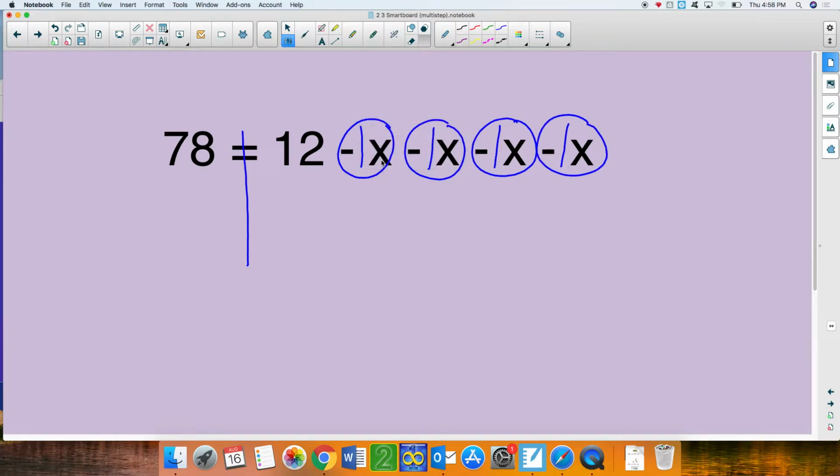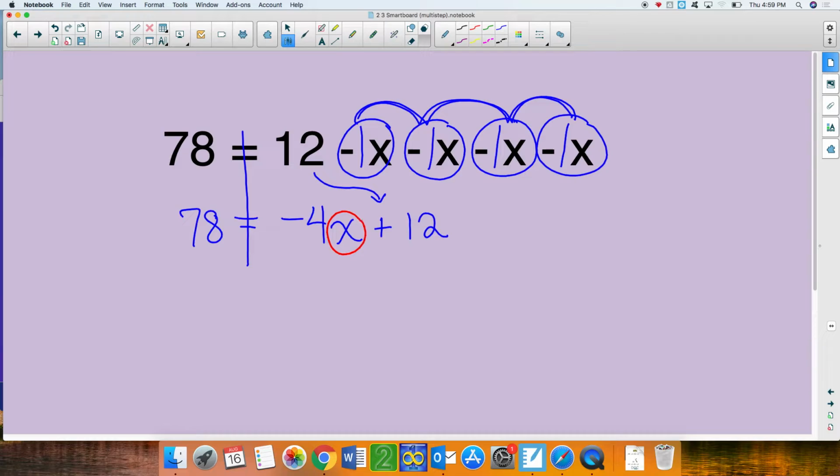And so I can combine those together by taking negative 1 plus negative 1 plus negative 1 plus negative 1. That's the same thing as doing negative 1 minus 1 minus 1 minus 1. And that's going to give us negative 4x, and then I'm going to bring down that positive 12, bring down my equals, and bring down my 78.